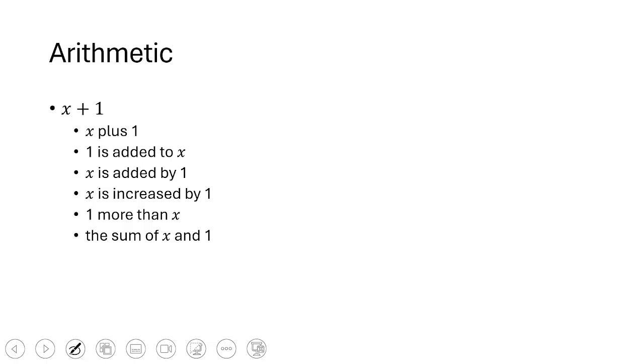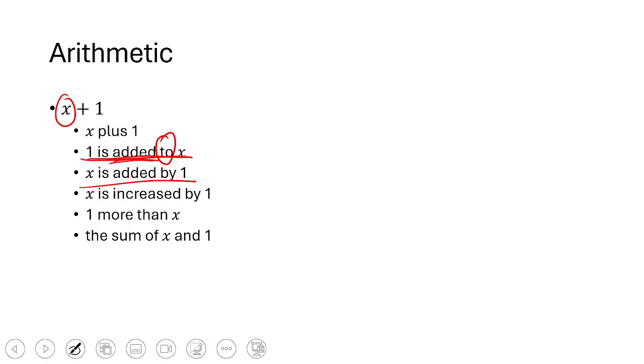Now notice the order that we have on these two. 1 is added to x, but we say this as x is added by 1 or x is increased by 1. So the first thing that we have here is x, and how we write that is 1 is added to x because 1 comes after x. So that's why our preposition here is to, or the complete prepositional phrase is added to.